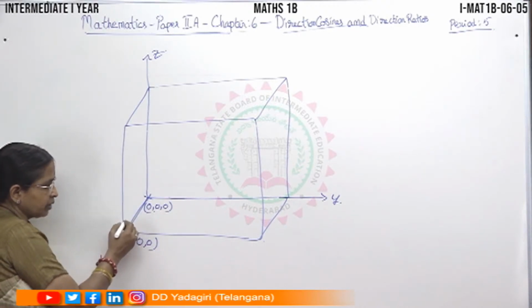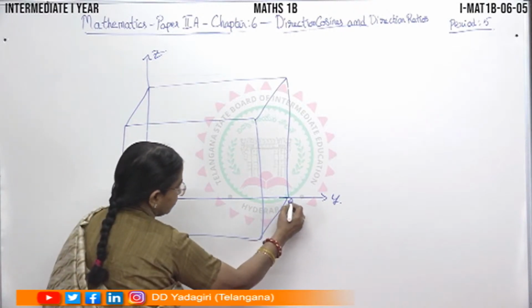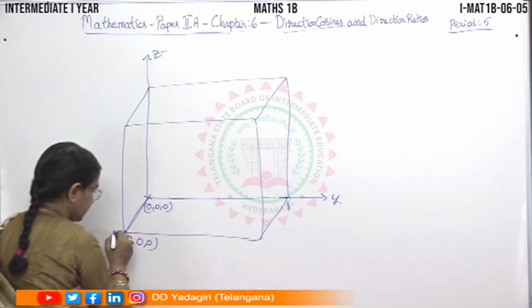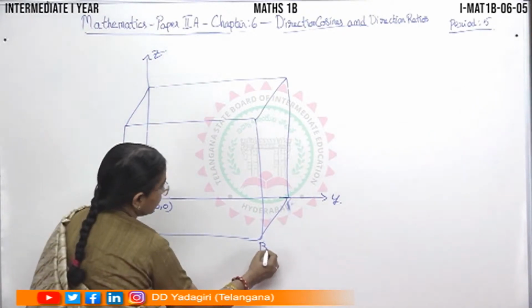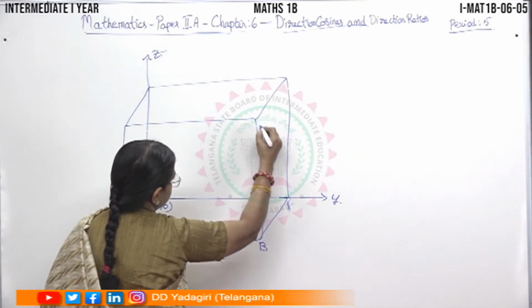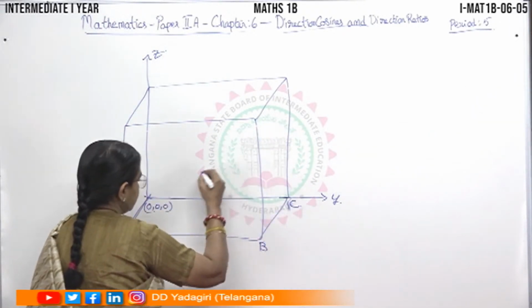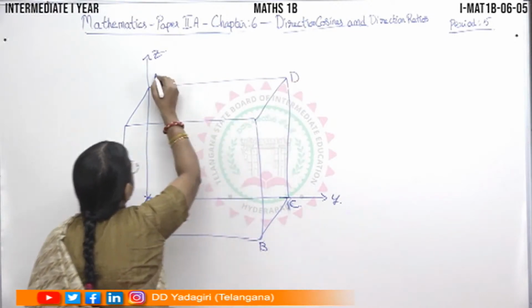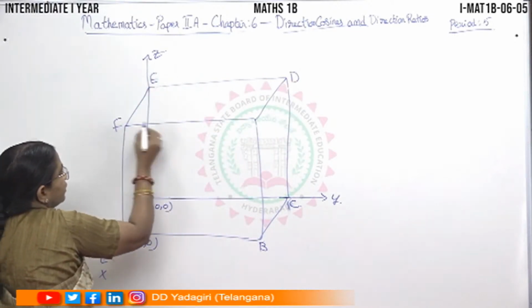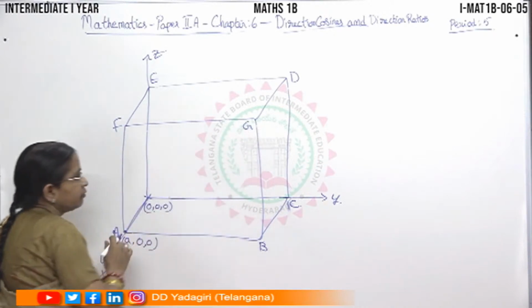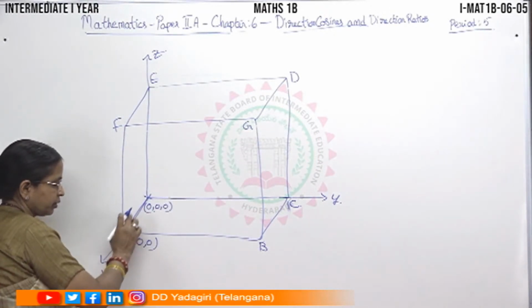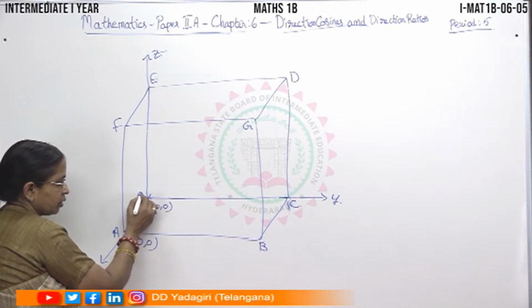Now first we'll name the others. I'll take the points as A, B, C, and then D, E, F, and G. These are the vertices. So O is the origin like this.